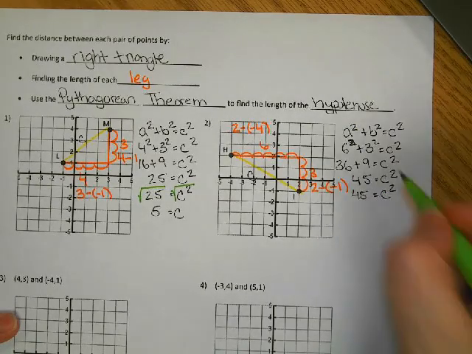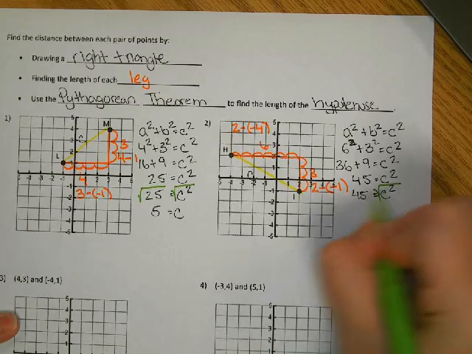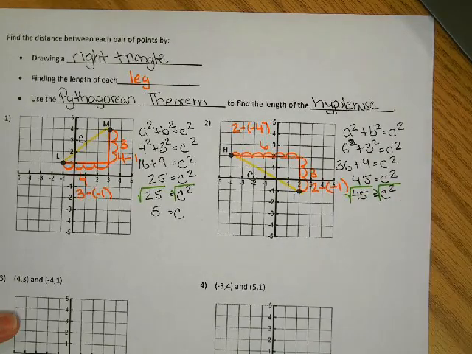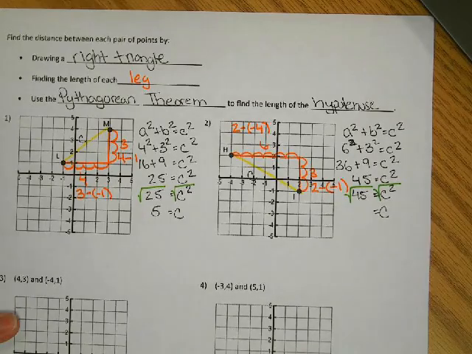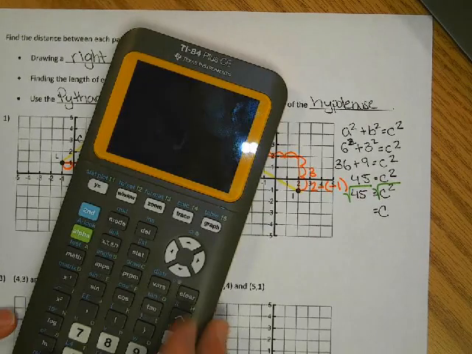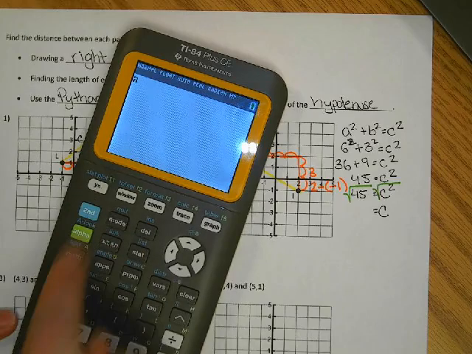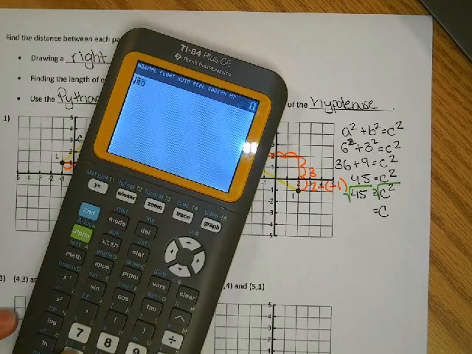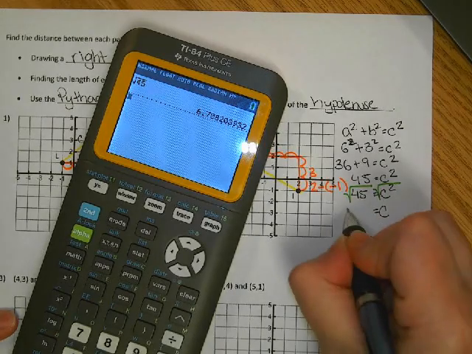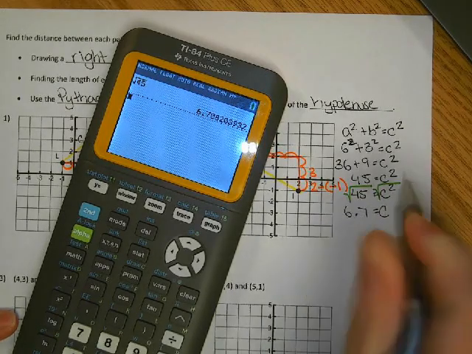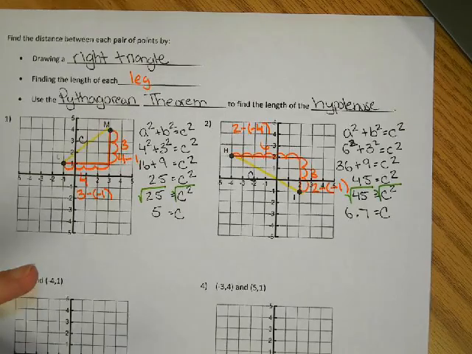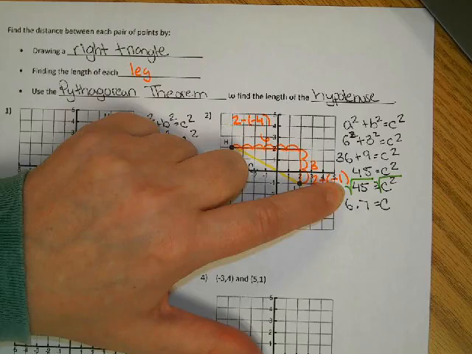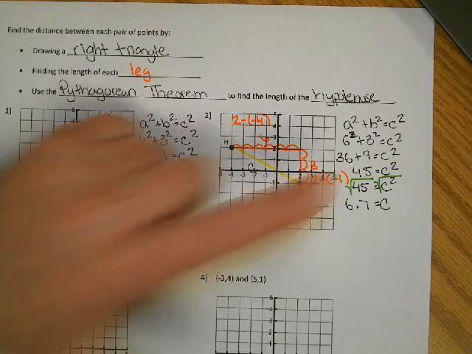Square root. So C equals square root 45, 6.7. Good job, Dulce. Okay? Is that the reason why we're also having trouble getting this word out, right? Square root?